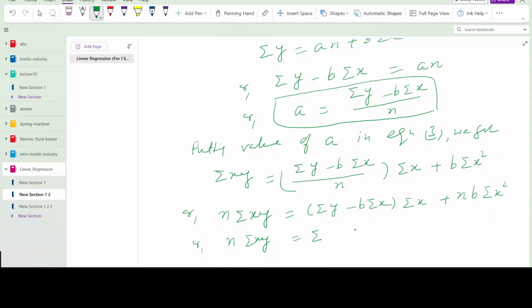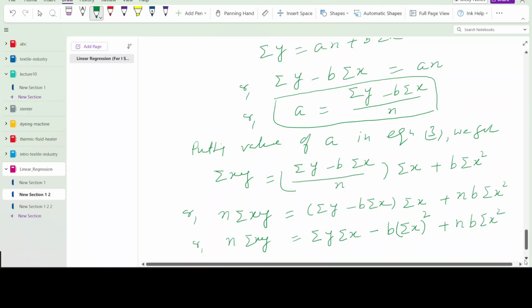this is multiply sigma y sigma x minus b, and we have sigma x two times multiplied by sigma x, so it is sigma x whole square. Mind it, this sigma x whole square is different from sigma x square. Okay, n b sigma x square.